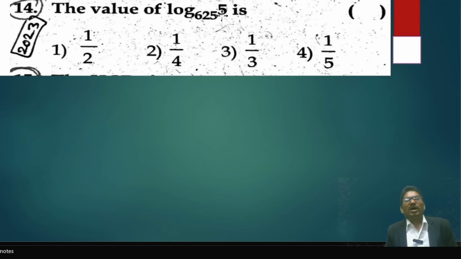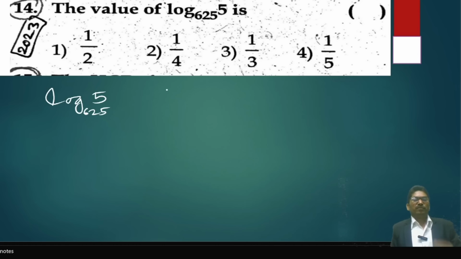Next question. The value of log 5 base 625 is? If we get questions like these, the best way of solving is: let log 5 base 625 be x, then 625 to the power of x is equal to 5.